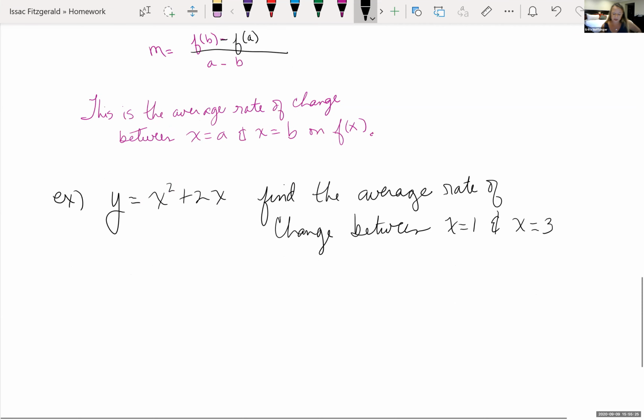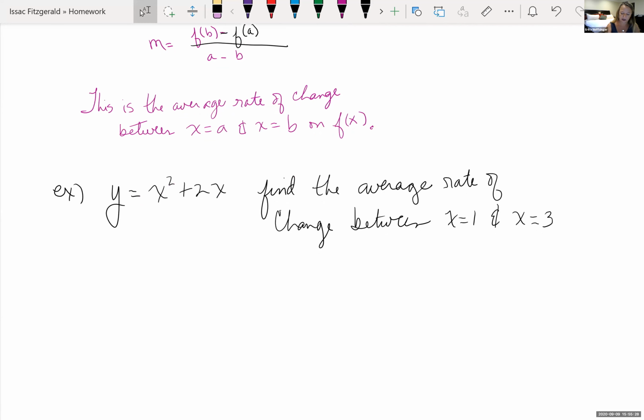So find the average rate of change between x equals 1 and x equals 3. We need to find the 2 points.